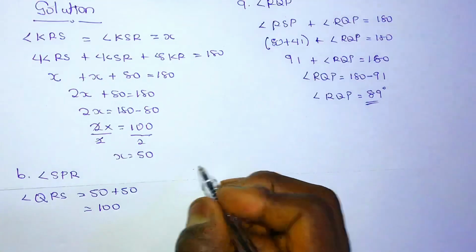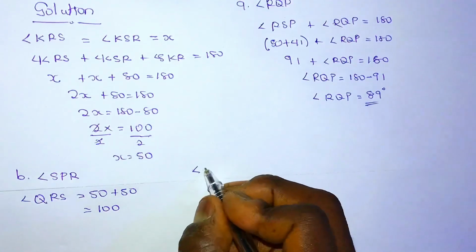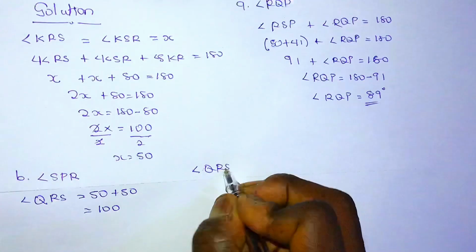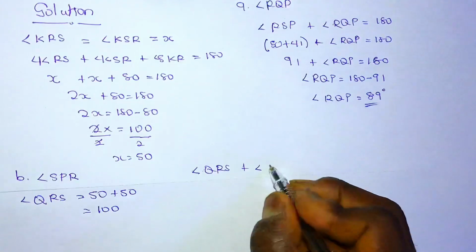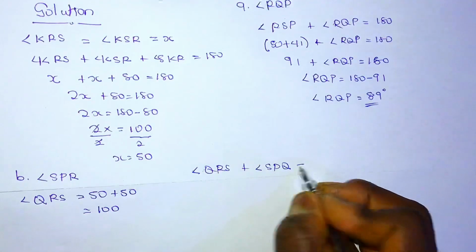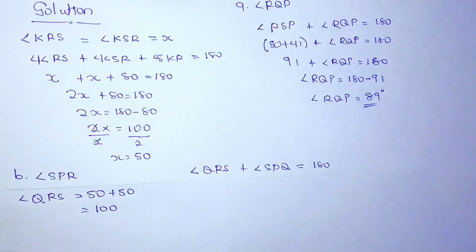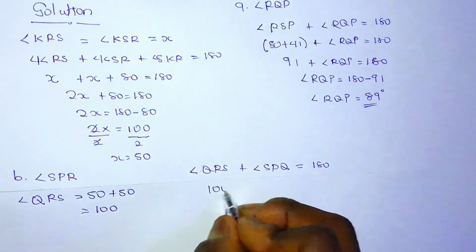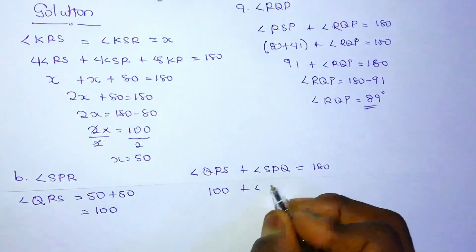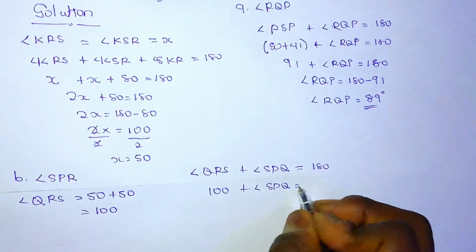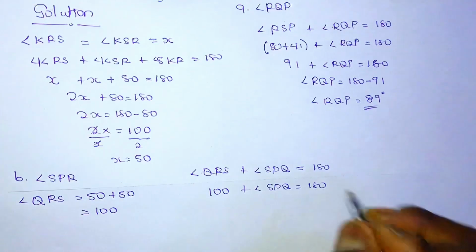So since we have that, we can say that angle QRS plus angle SPQ is equal to 180. So that's the same property, opposite sides, the sum of opposite angles is equal to 180. So 100 plus angle SPQ is equal to 180.